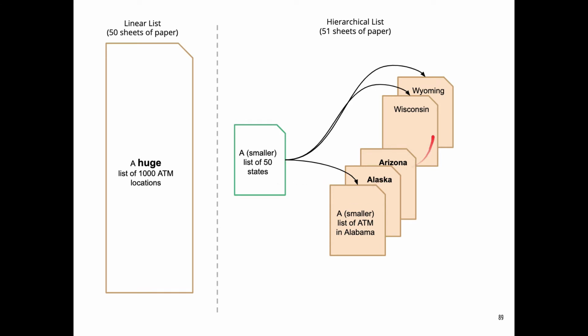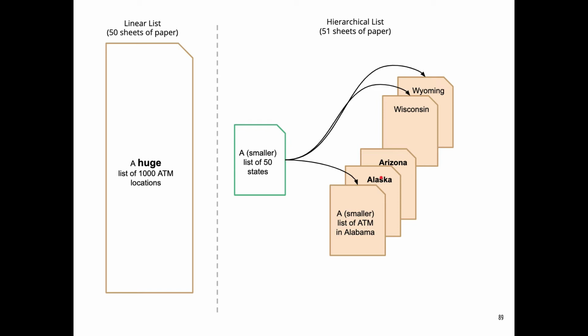And the low level table of contents shows a list of ATM locations within a given state. In my example, you will see there is 1 page for all the ATMs in Alabama, and then another page for all the ATMs in Alaska, and so on and so forth.